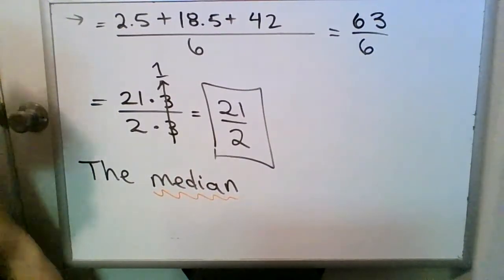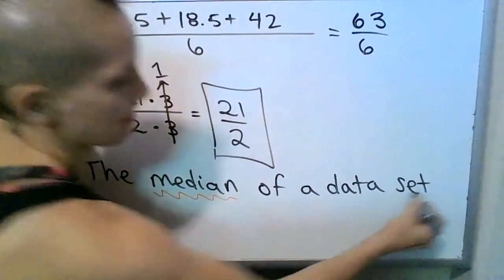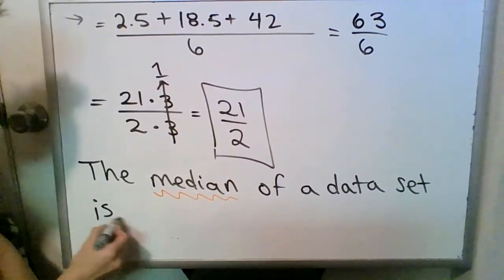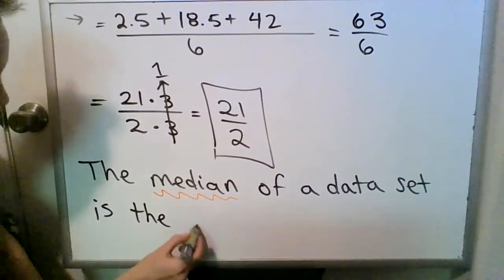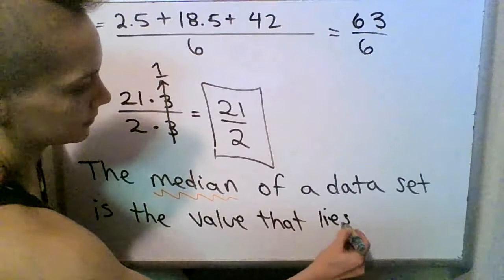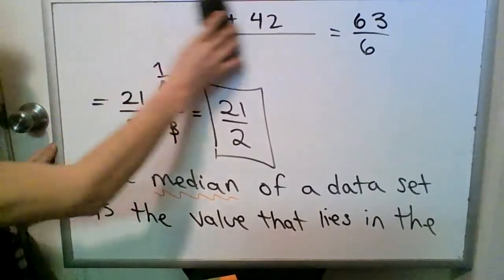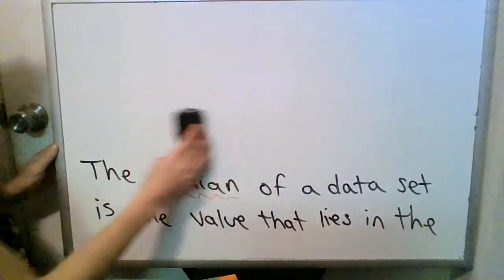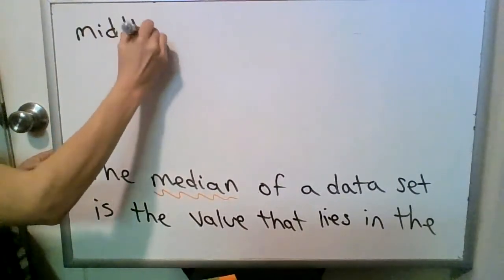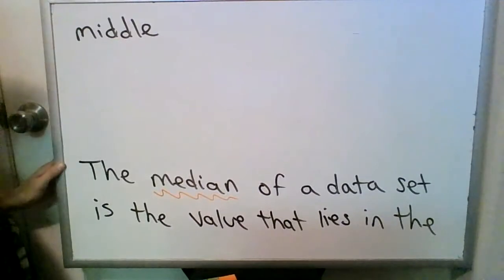So the median of a data set is the value that lies in the middle of the data set when arranged in increasing order.